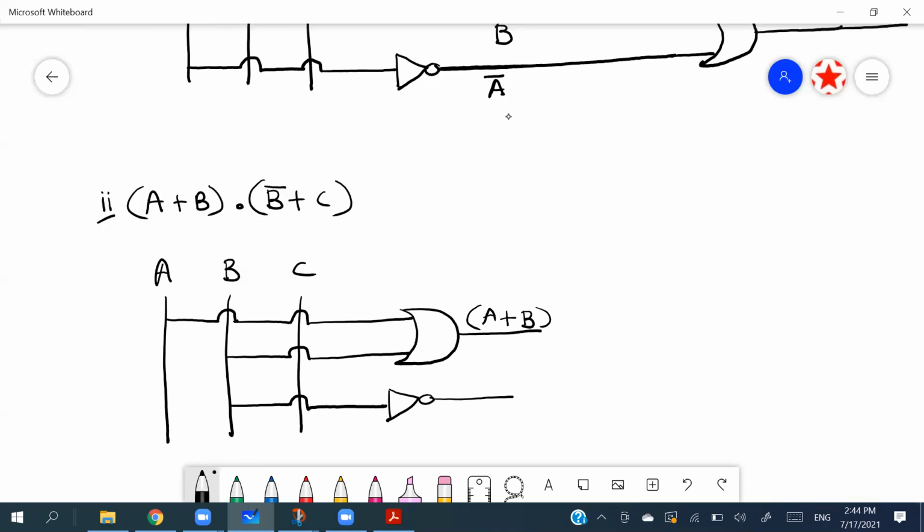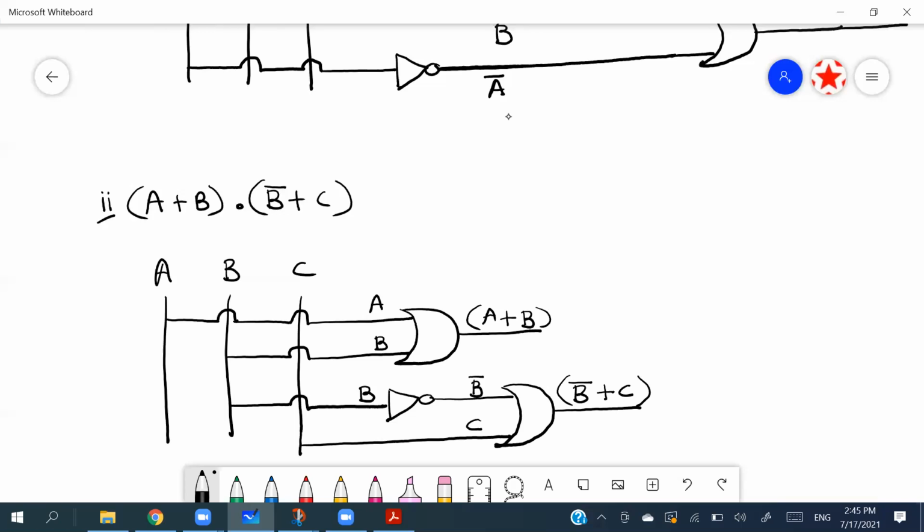So you had A here and you had B here, and you are having B again over here, which gives you B bar over here. And then I have to take a line from C. If I put these things inside an OR gate, I'm going to receive B bar plus C, right?